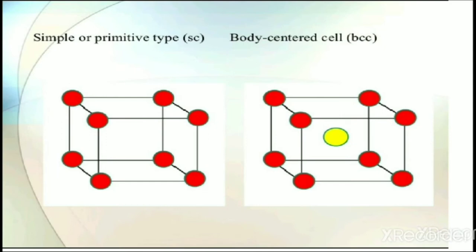In the case of simple or primitive unit cells, all the constituent particles or atoms are at each corner of the cube, meaning the 8 corners of the cube. In the case of the body-centered unit cell, if one constituent particle lies at the center of the body of a unit cell, in addition to the 8 particles lying at the 8 corners of the cube, it is called the body-centered unit cell.